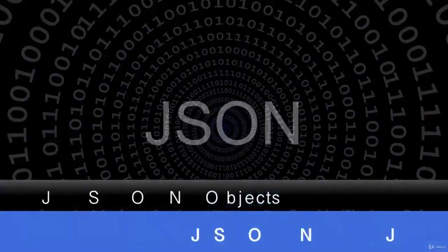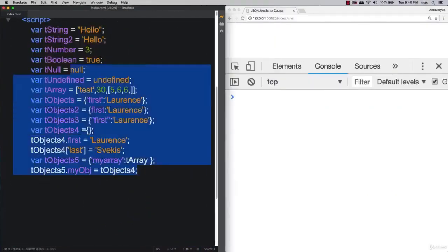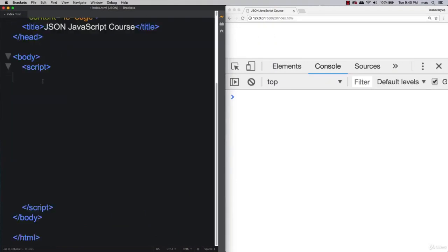I know you're here for JSON, so let's jump right into using JSON. So in the previous lesson, we looked at JavaScript objects, and we also saw that it's very similar to the way that JSON looks. So if we create a variable, let's call it myJSON, and we can set it up as a JavaScript object.